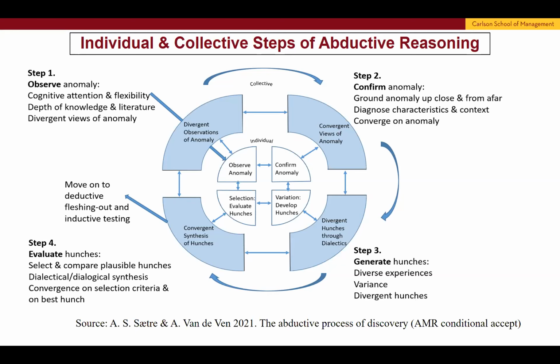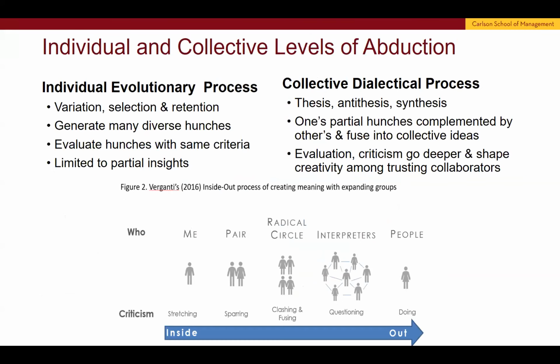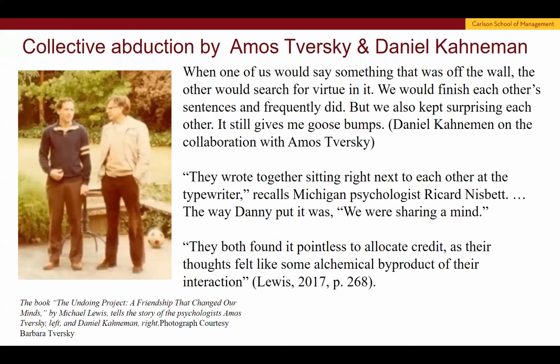So what do you think about the mechanism or the dynamics that underpin this process of individual and collective steps of abductive reasoning? And do you think that we need a theory to theorize this?